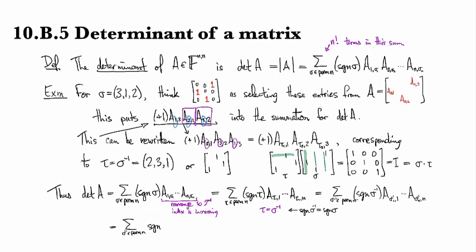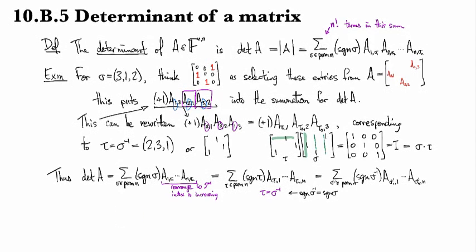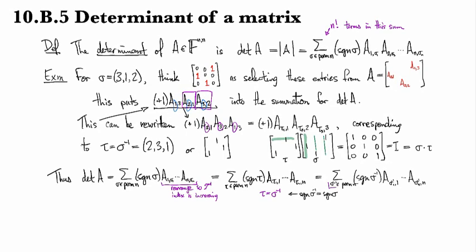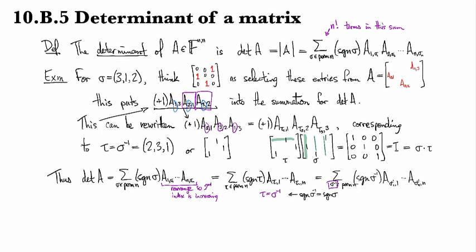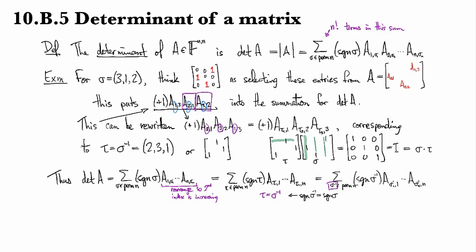Actually, I don't even need to do that. I can just say at this point that we're summing over a dummy variable, and it doesn't matter what we call the dummy variable of summation. We just need something that runs over all permutations, and so now I can call that sigma, by doing basically like a u substitution, but for a sum.